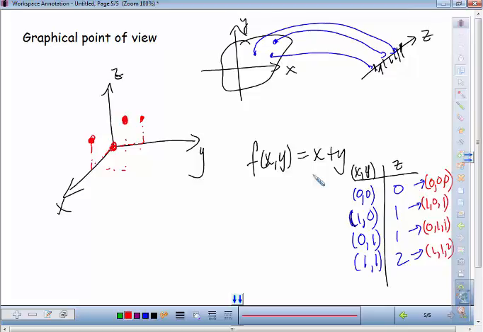And if we had a nice computer program that would do this for us, we could just plug in points and try to piece those points together. But we would need a ton of points to get the nice visual. So let's see if we can approach this a slightly different way.